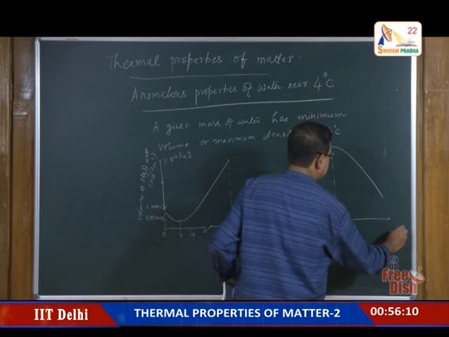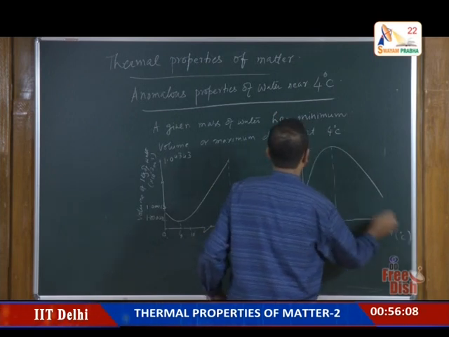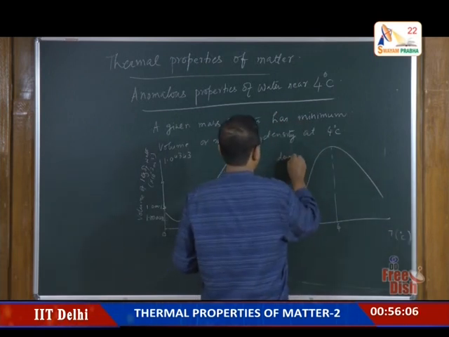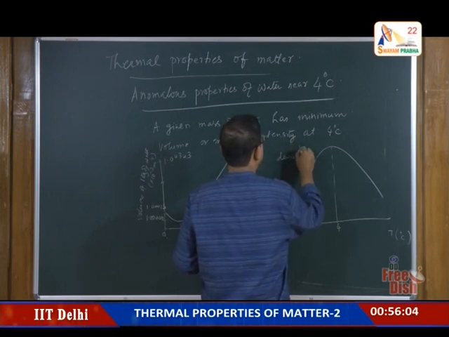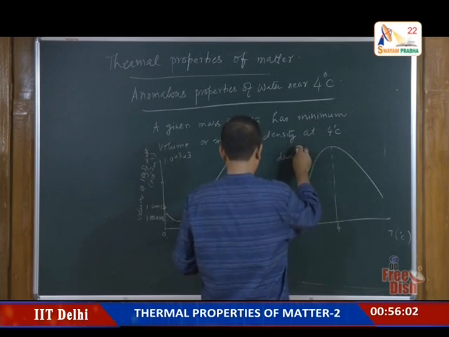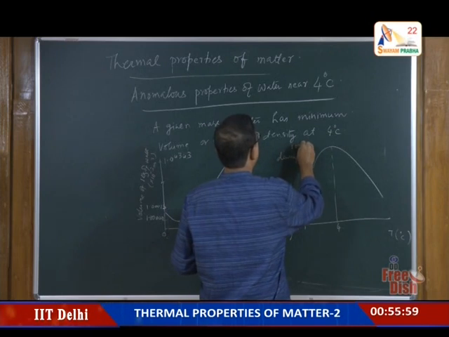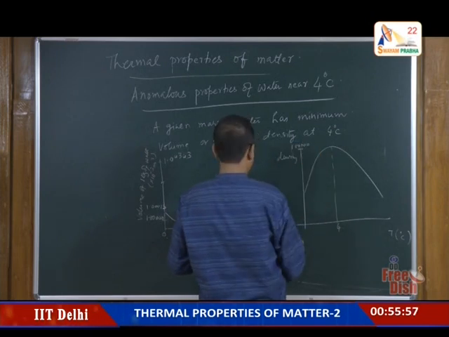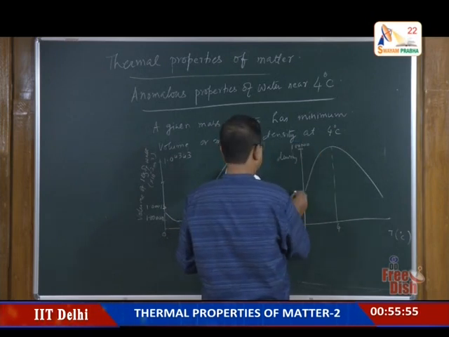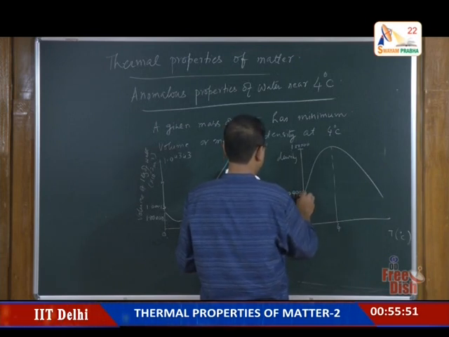So this is again T in degree centigrade, and this is density, and this density has a value exactly equal to 1, and it increases from a value very close to 0.99985.